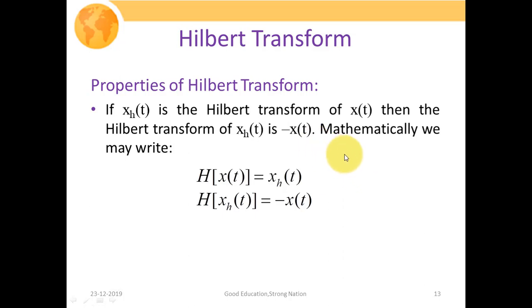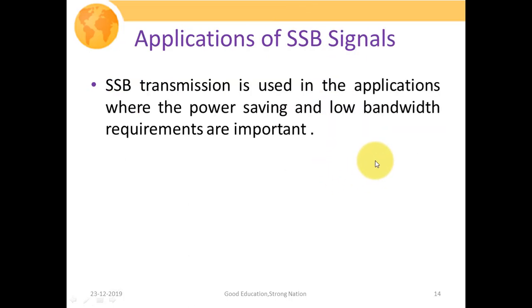And if we again take the Hilbert transform, then obviously we have a total 180-degree phase shift. So we can simply say that the Hilbert transform of xh of t turns out to be minus x of t.